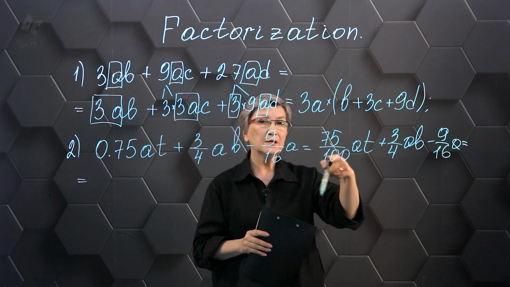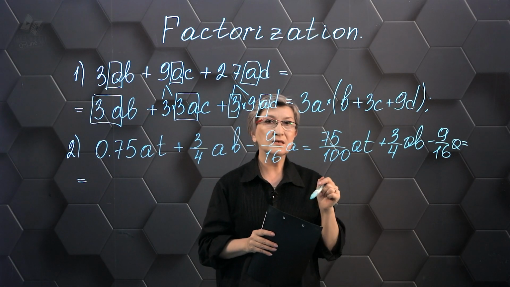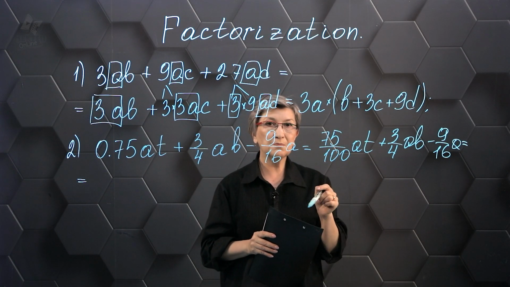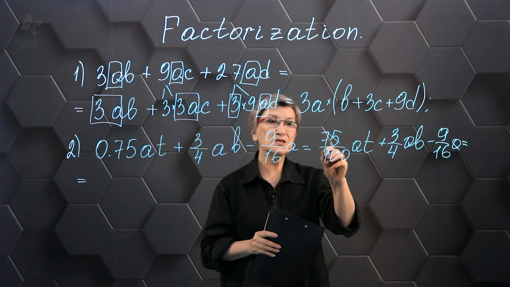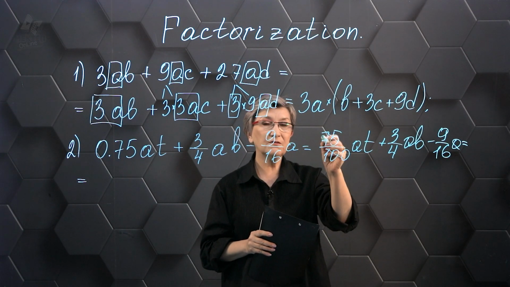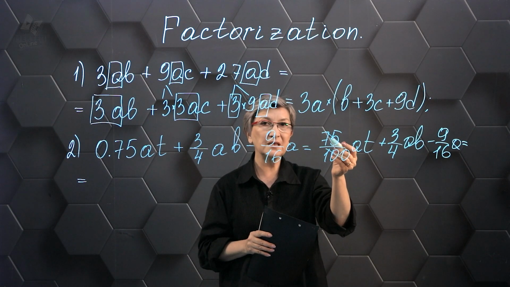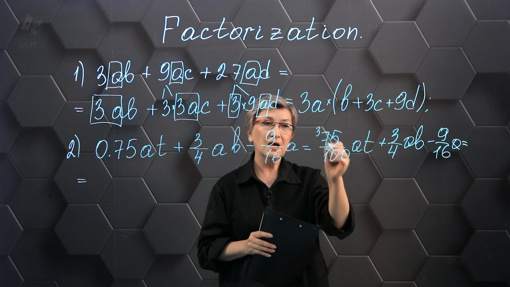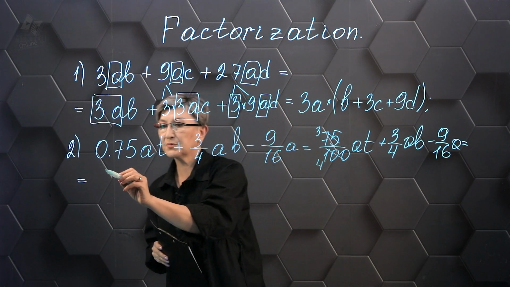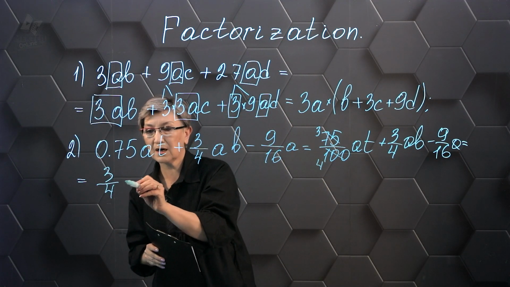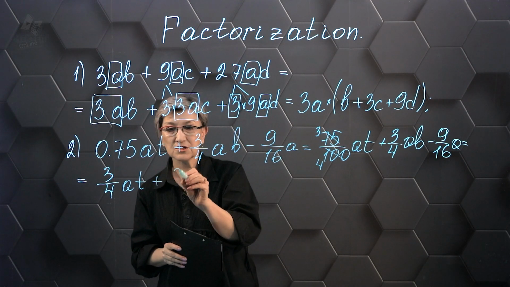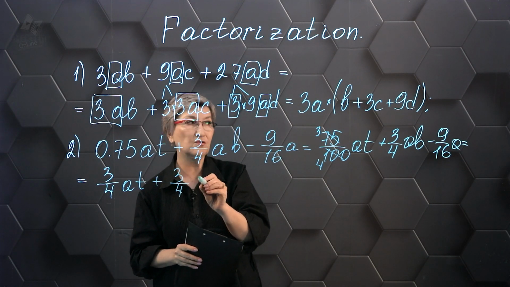Let's continue. To multiply these summands by a multiplier, but the fraction 75/100, we can divide the numerator and denominator by the number 25. And then the result is 75 divided by 25 is 3, and 100 divided by 25 is 4. And we can see that we get the fraction 3/4 a. The second summand also contains the fractional number 3/4.